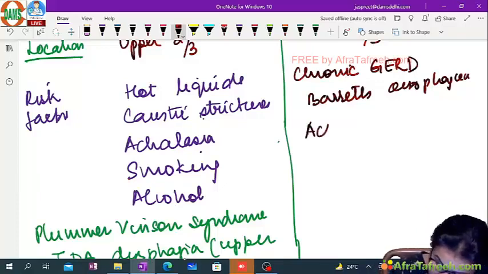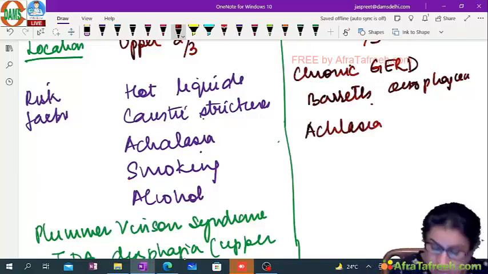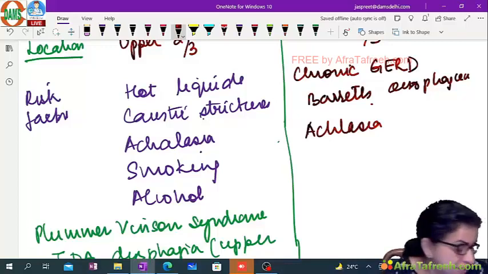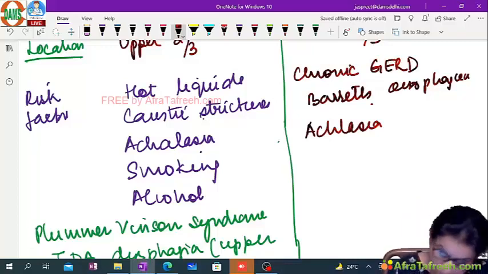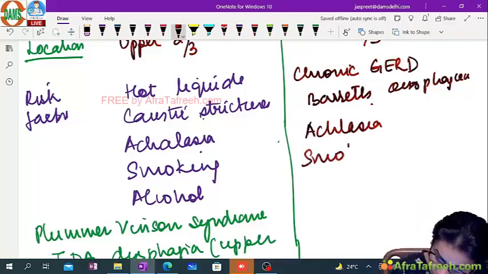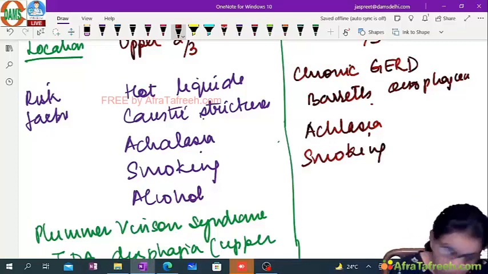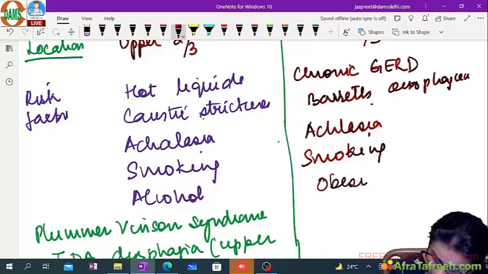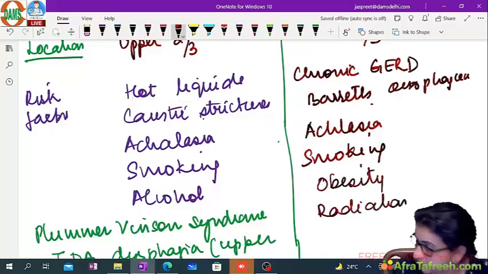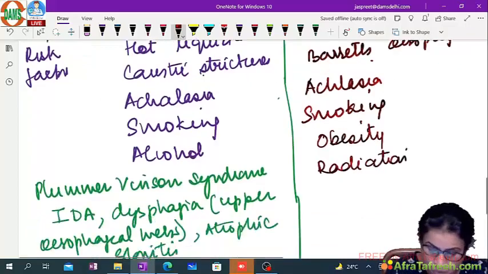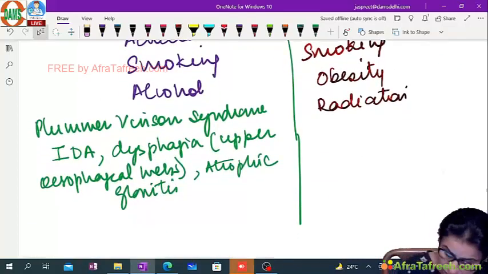Then achalasia can predispose to both squamous and adenocarcinoma. Then smoking again can predispose to both. And then of course we have obesity and radiation for adenocarcinoma.